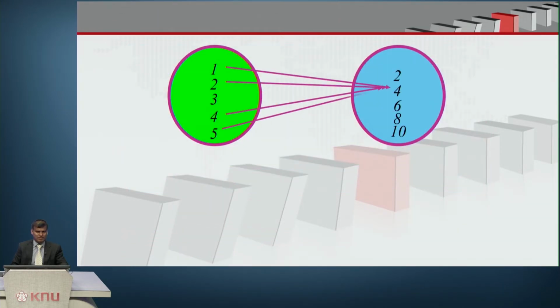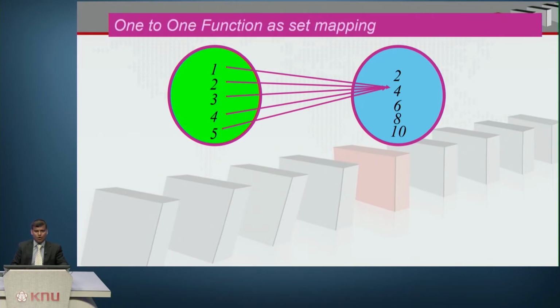Now let's examine further down here. So, a one-to-one function as a set mapping. We are going to see that there may be some part in which this might be lacking. Does this part have the inverse?